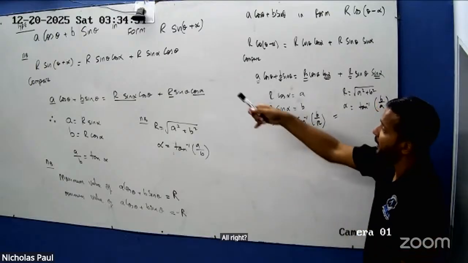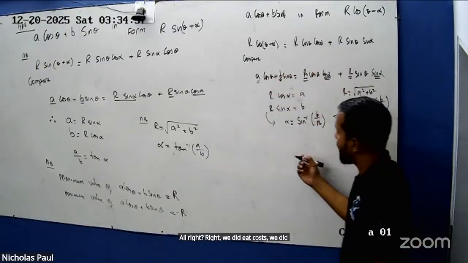Right. We did A cos, right? Let's do a minus now.